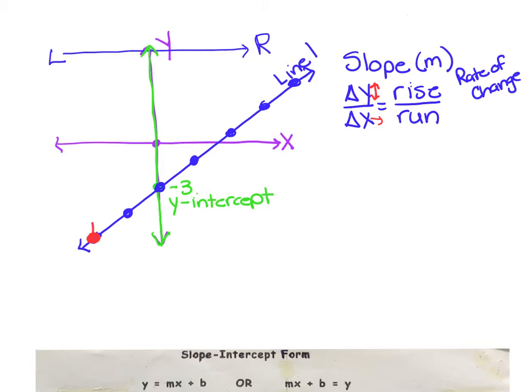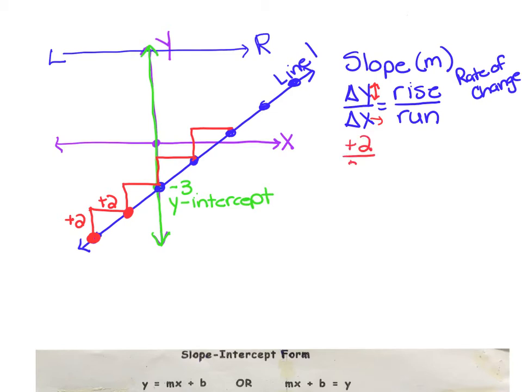First, go up, let's say 2 units. Moving upward, that's +2. To the right 2 units, that's a +2. Up 2 over 2. That is your slope, or your rate of change.